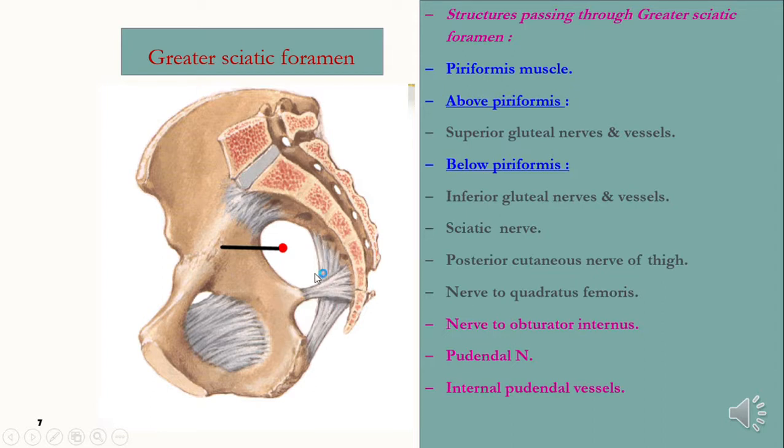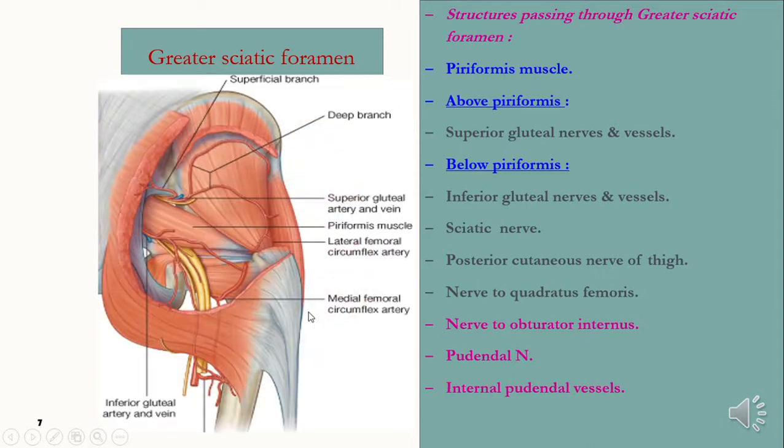These two ligaments convert the two notches into foramina, the greater sciatic foramen and lesser sciatic foramen, as we have already discussed. And then we can see here that piriformis is the key muscle, which divides the greater sciatic foramen into two parts.